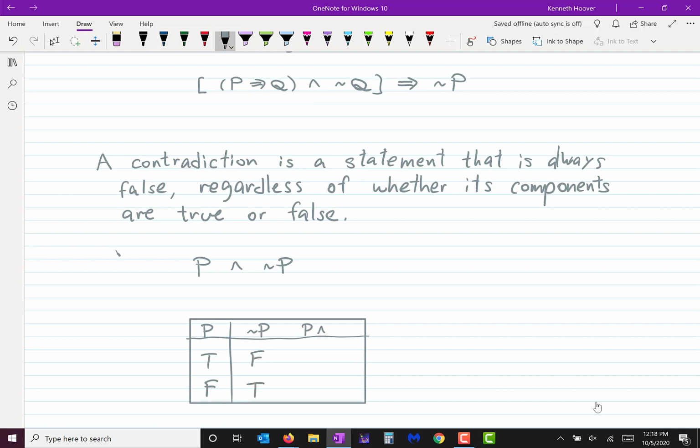Do the conjunction of those two. In both cases, one of the two pieces is false, and that makes their conjunction false. So you see that statement is always false.